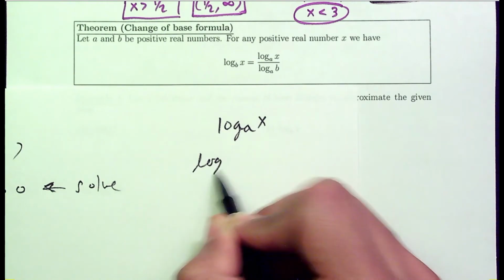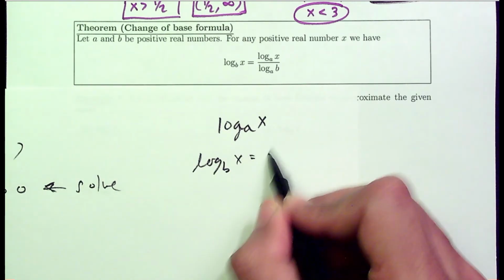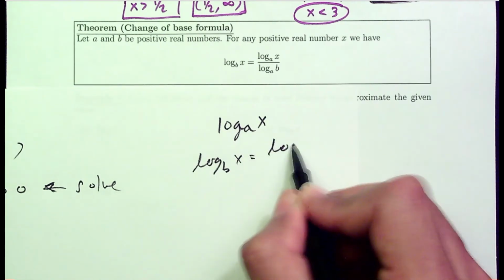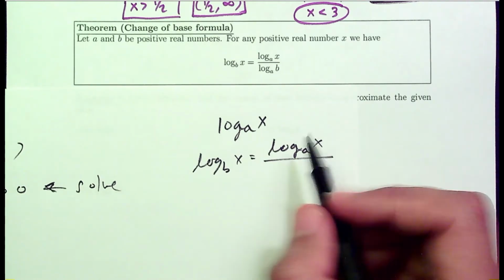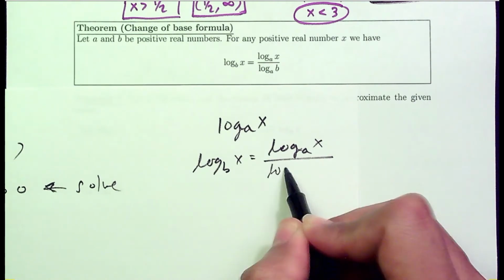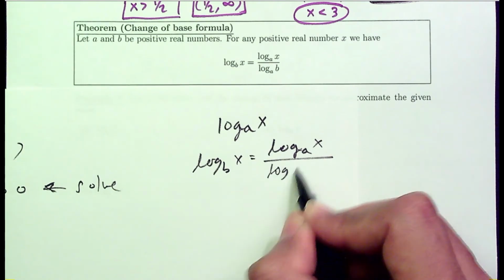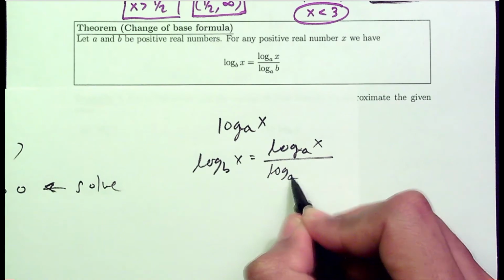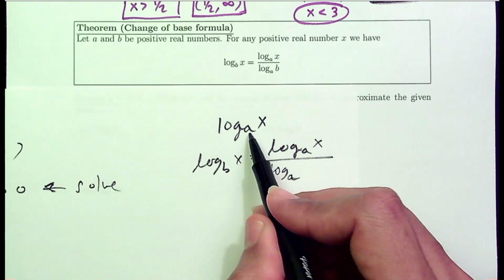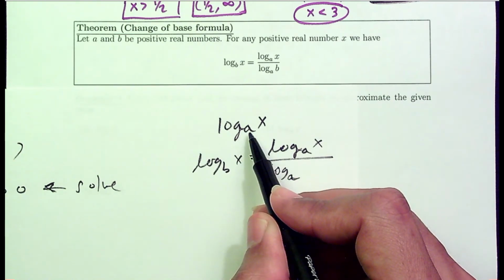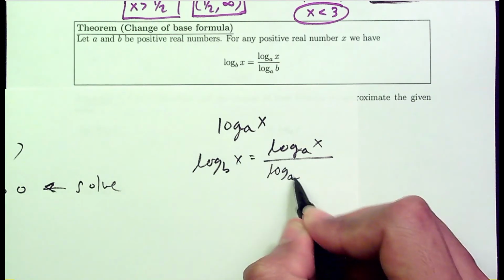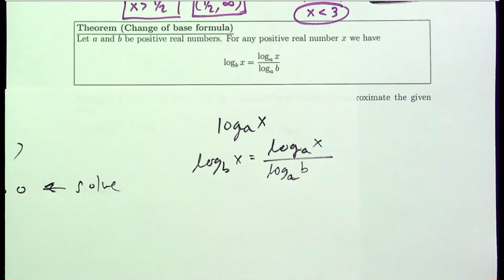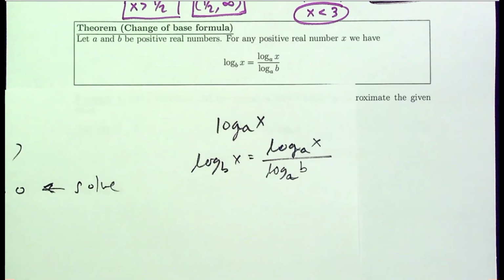Logarithm base b of x is going to be that, and then you write logarithm base a, which is the original base. So this is the original base, this is the new base I want to change it to. And so logarithm base a of b. So that right there is the formula.